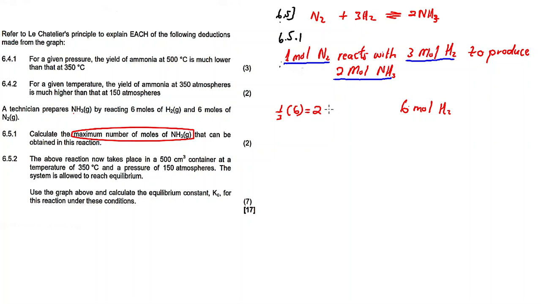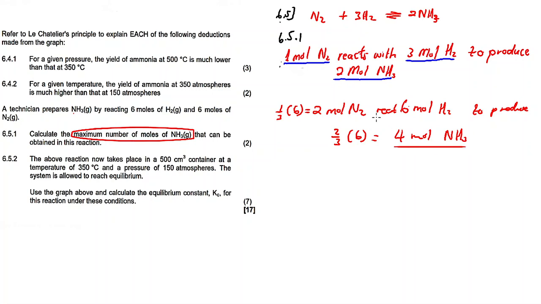So it means here you react only 2 moles of nitrogen with the 6 moles of hydrogen to produce 2/3, 2/3 of 6, which is what? 6/3 is 2. 2 times 2 is 4, so 4 moles of ammonia will be produced.